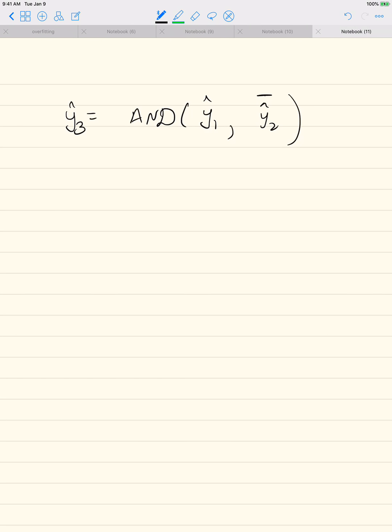In all other cases it will be negative. So this will be plus 1 if Y1 hat equals plus 1 and Y2 hat is minus 1, and it is minus 1 in the other cases. This is what we want, and since we know how to implement the AND function, all we have to do is combine the outputs and get to Y3 hat.